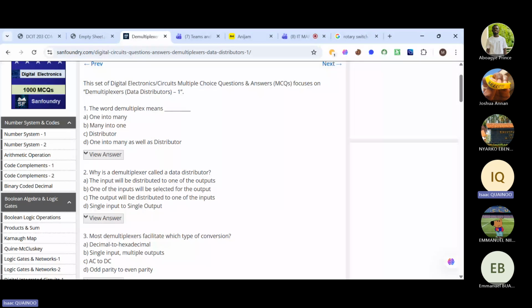All right, so question 2. Why is a demultiplexer called a data distributor? A, the input will be distributed to one of the outputs. B, one of the inputs will be selected for the output. C, the output will be distributed to one of the inputs. And D, single input to single output.